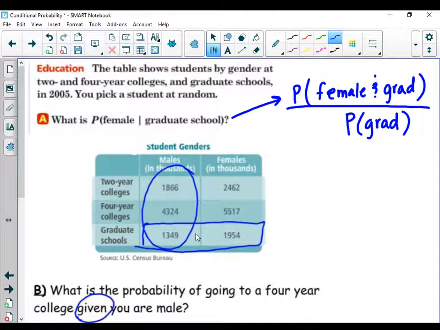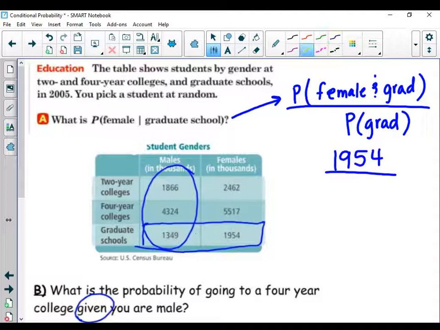So, what number are we looking at that it is a female and they went to graduate school? I know it's small. 1,954. Yeah, 1,954.